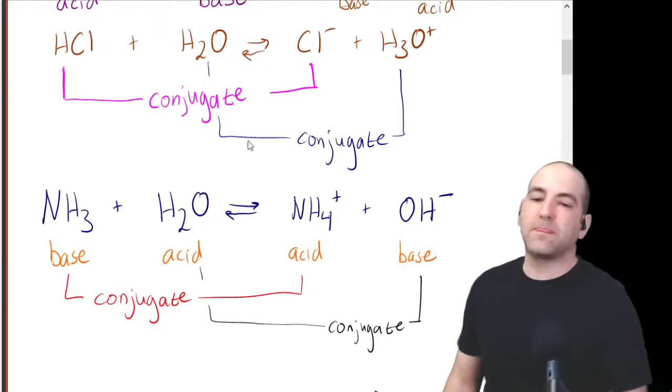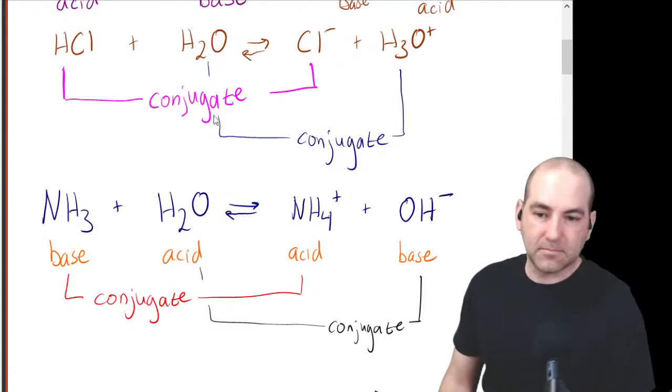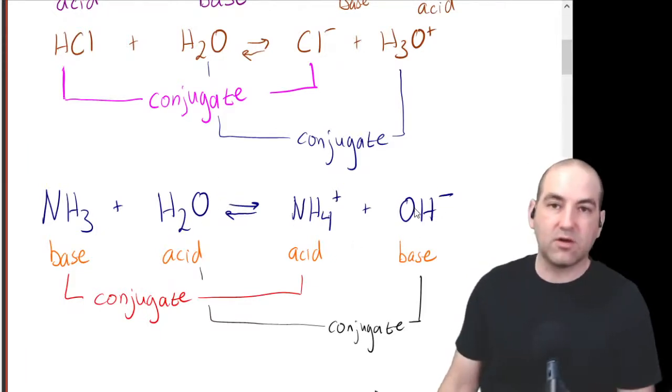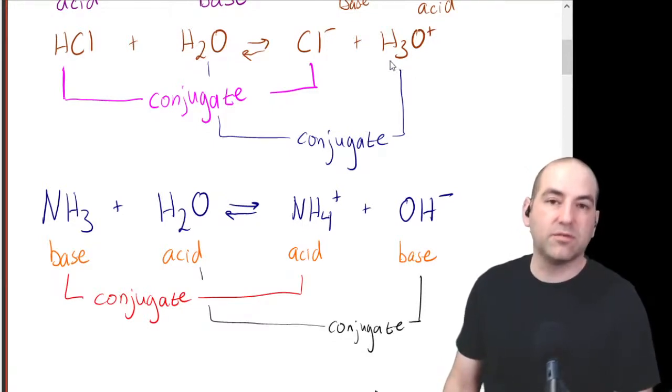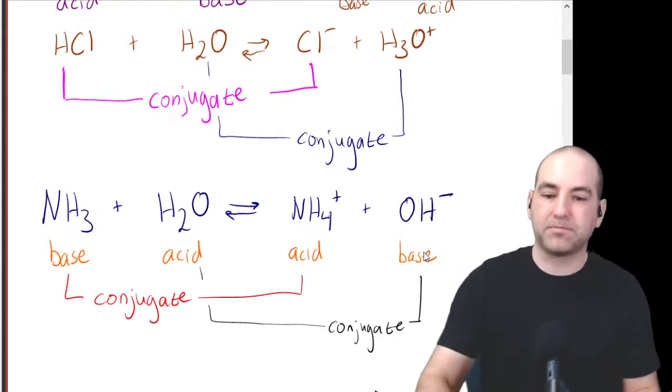So we would say hydronium is the conjugate acid of water. Water is the conjugate acid of hydroxide. And then going backwards, hydroxide is the conjugate base of water. Water is the conjugate base of hydronium. So that would give us our conjugate pairs.